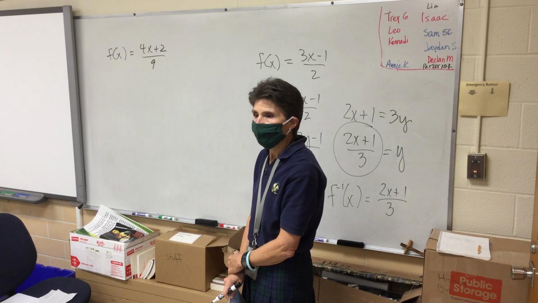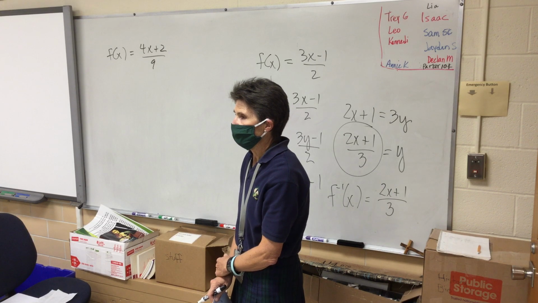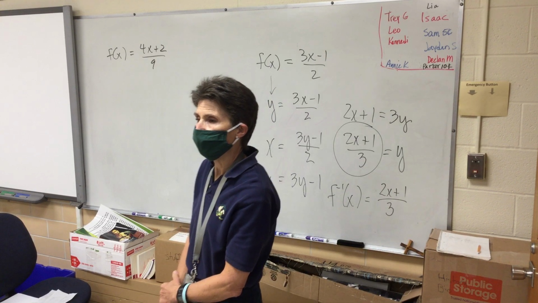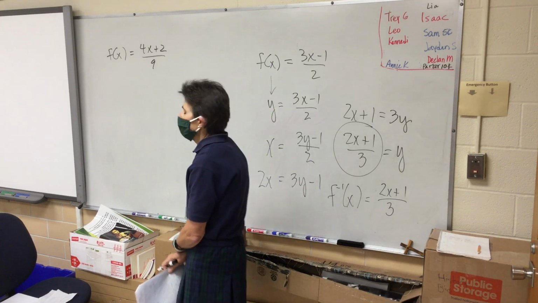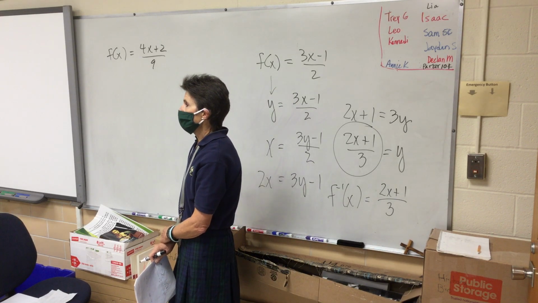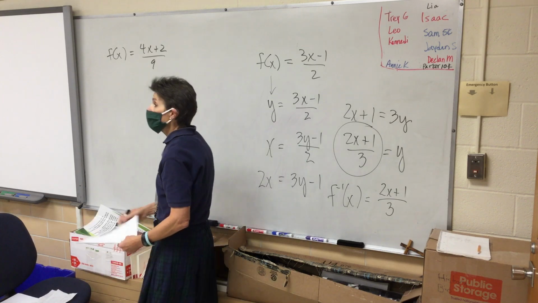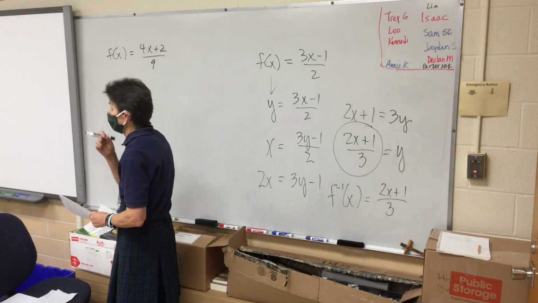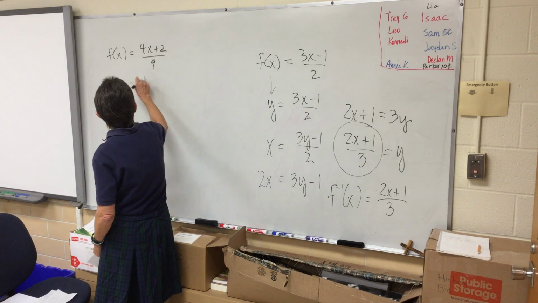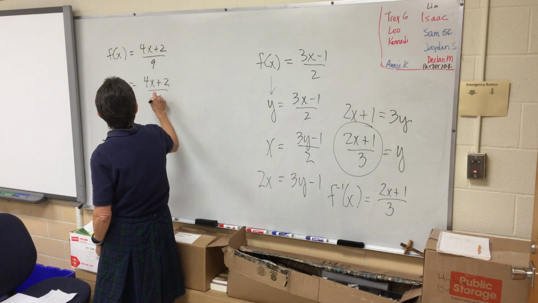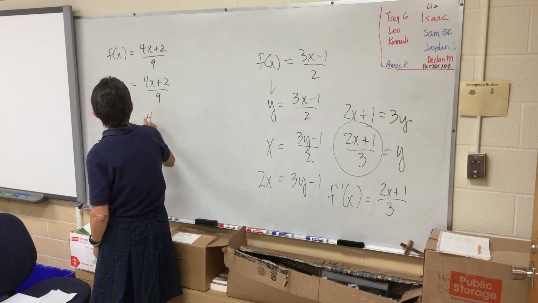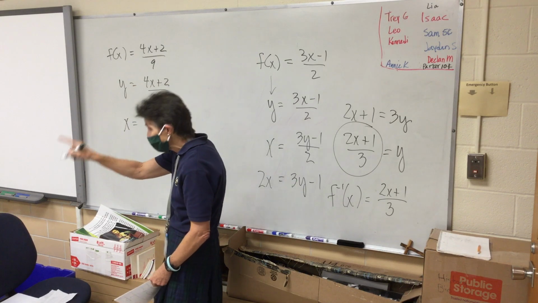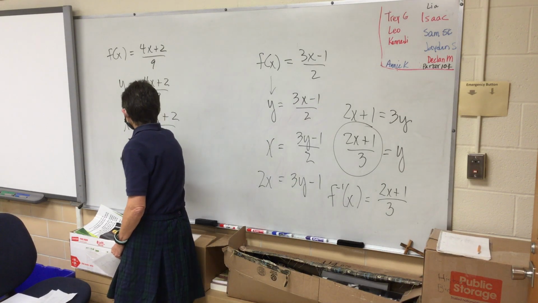Okay, what did you do first? Multiply? Well, first, we did some switching of letters, and then the first operation we're gonna do is multiply. So first, I put in a y, and then I switched my variables, and then I multiplied.